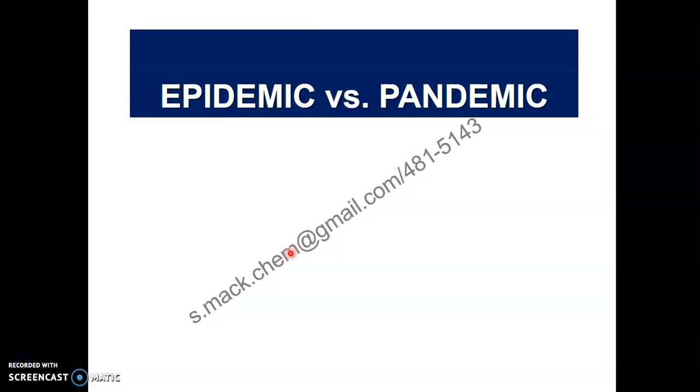With a better understanding of how microbes get around, we can now distinguish an epidemic versus a pandemic. And looking at the words, can you tell me which one has a larger reach?